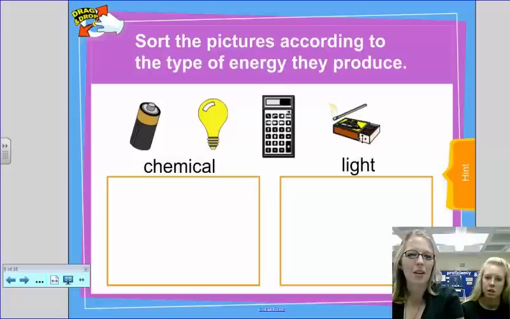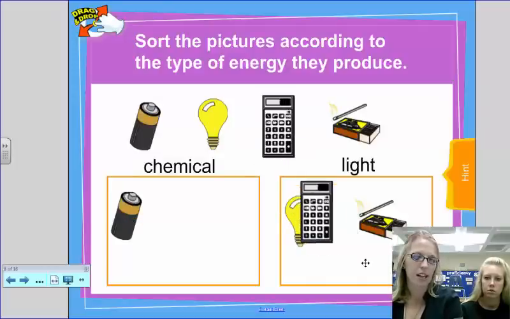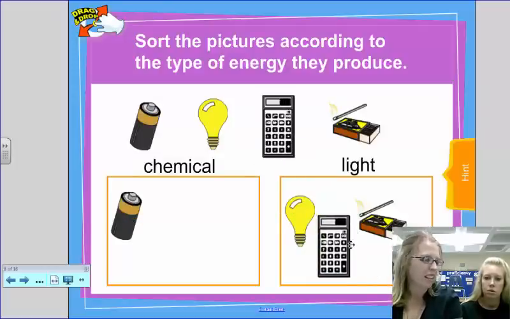Okay, so these produce light energy. This produces light energy. This produces chemical energy. And this one, I would say, produces light energy. Most calculators have a backlight, not all.